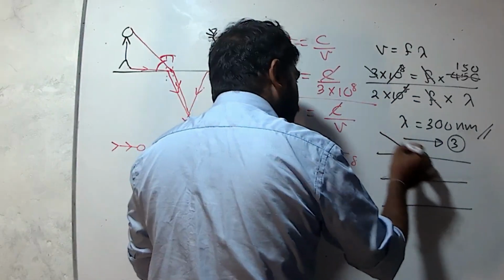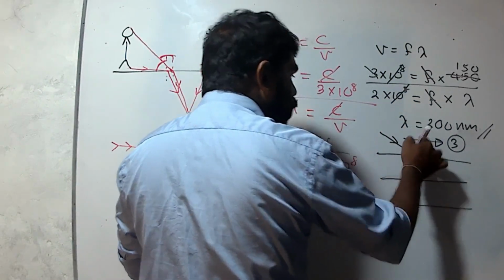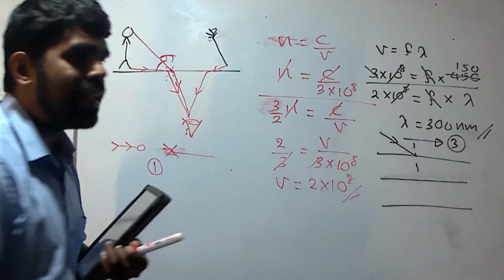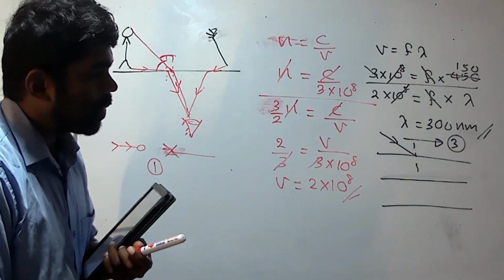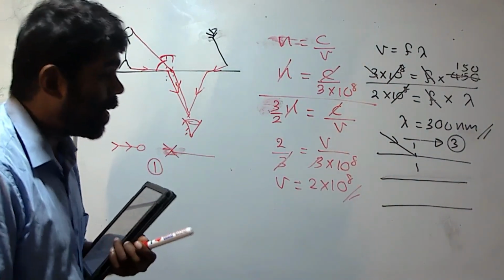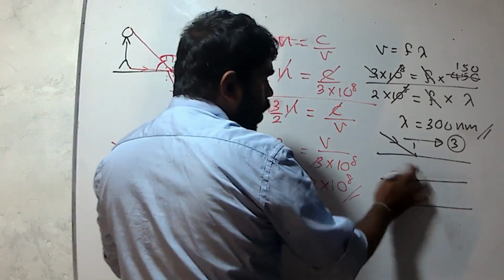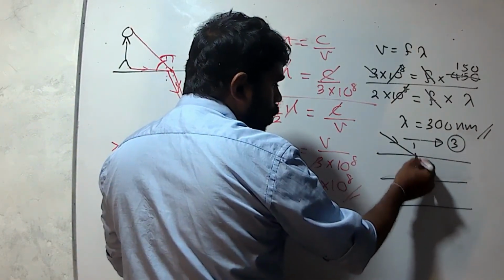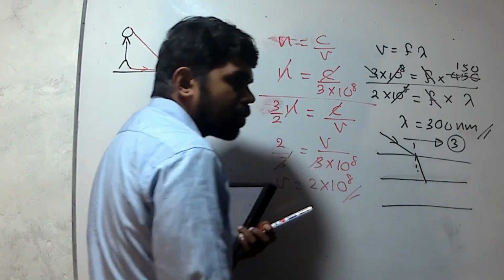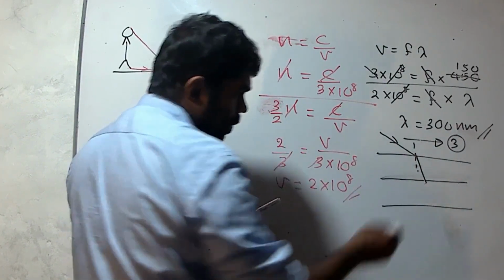It is coming from air to water. We know that water is the denser medium, therefore it should deflect towards the perpendicular line.